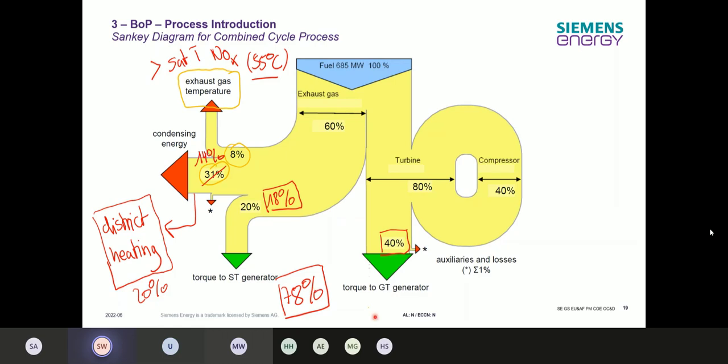Something like this is, of course, in relation not possible. But when a district heating system is there, it's always a way to increase the overall efficiency. So that's just a general overview.